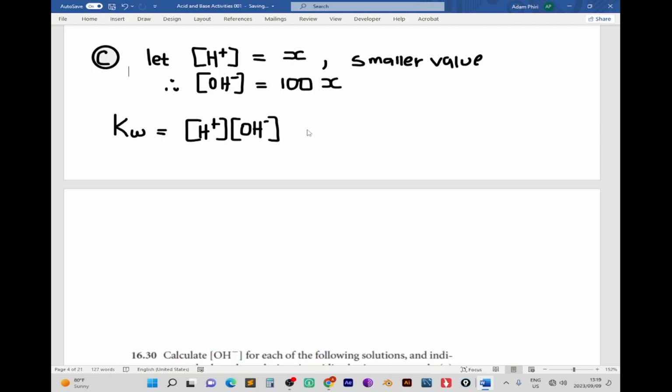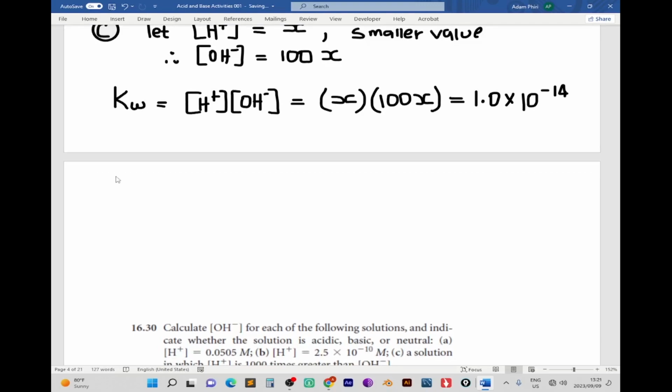Now finding the Kw, which is the product of the concentration of acid and the concentration of base. That will be X multiplied by 100X. We know that the product of base and acid should not exceed 1.0 multiplied by 10 to the power negative 14.